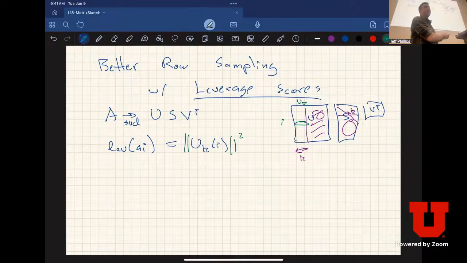This is the k-dimensional space that captures the best rank K approximation of the data. This is in fact a coordinate in this space, before I've done the scaling. I'm saying how much does this row capture of the coordinate in this space?